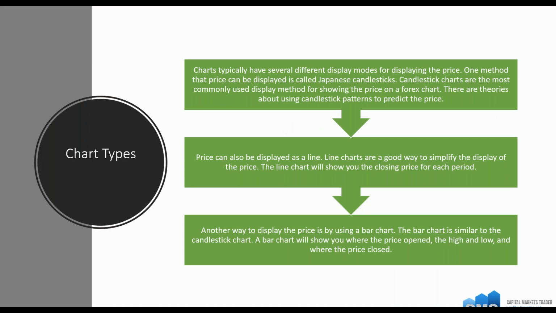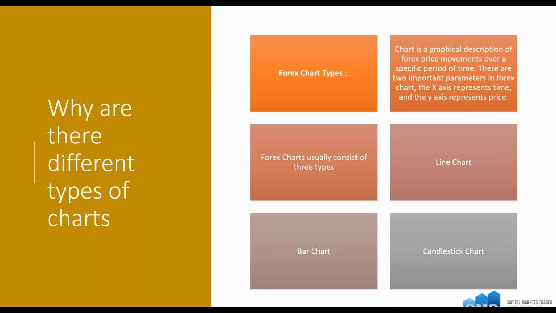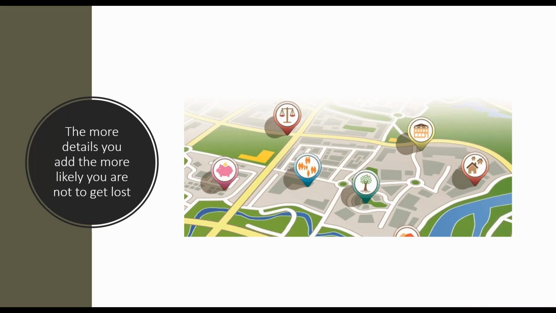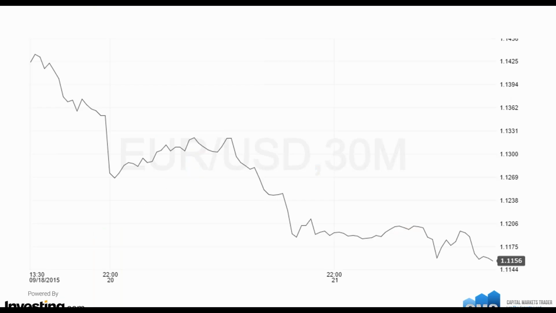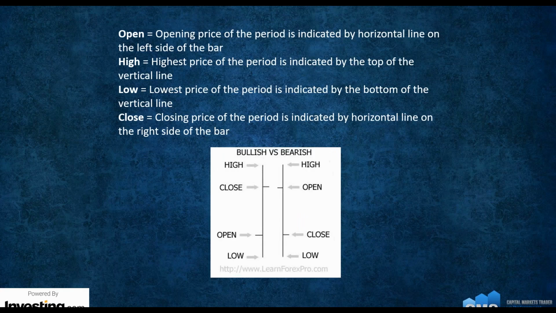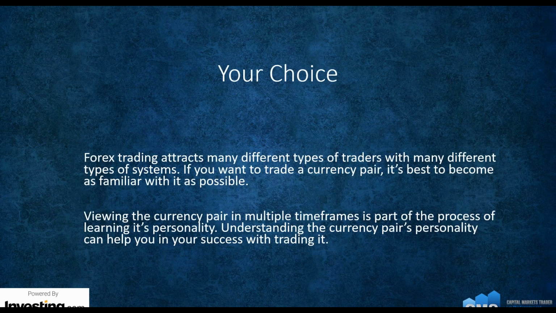Okay, but on the other hand, you can actually have way too much information. So remember, we talked about chart types. That's very important because it's your first step. So remember, we have line charts, bar charts, and candlestick charts. But it's your choice.